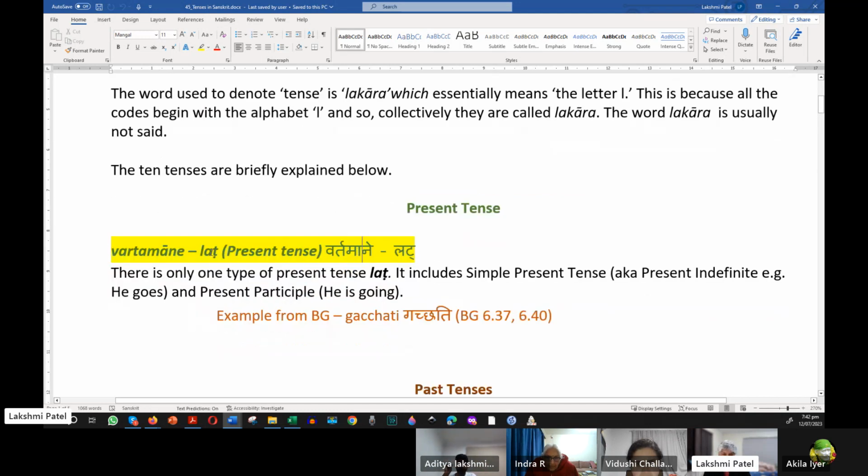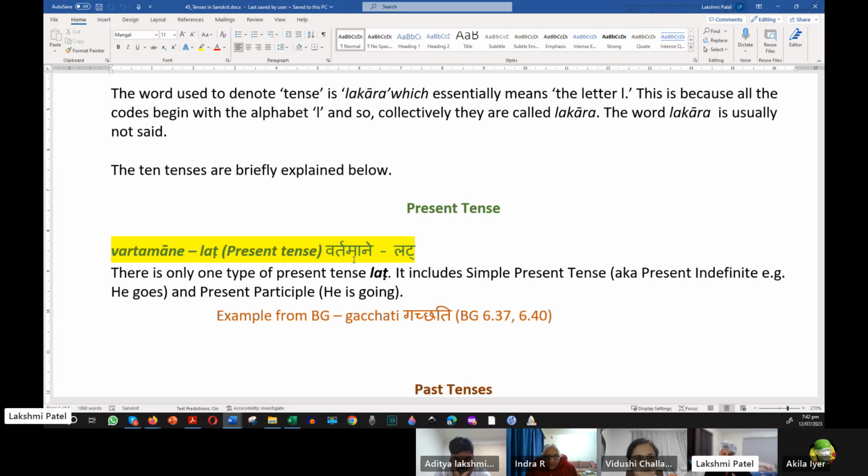Okay, lat. Vartamana means present. Vartamane lat. So the present tense is called lat. Only one present. Simple, we know it. Saha gachati. Aham khadami. All that is happening now.